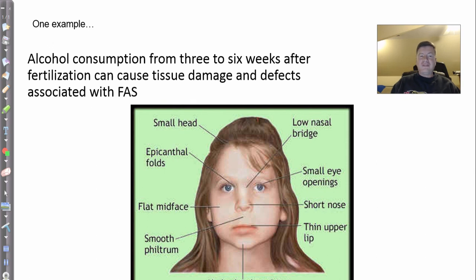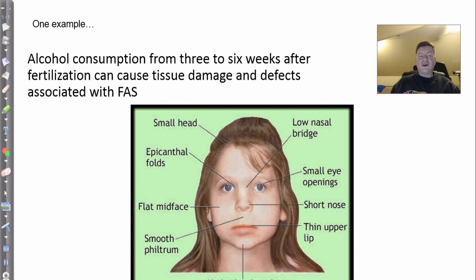It seems kind of hard to believe, but 3 to 6 weeks after conception, those layers are forming. And if there are mistakes or environmental toxins, as alcohol would be, around those early embryonic layers, then a condition like fetal alcohol syndrome may emerge.